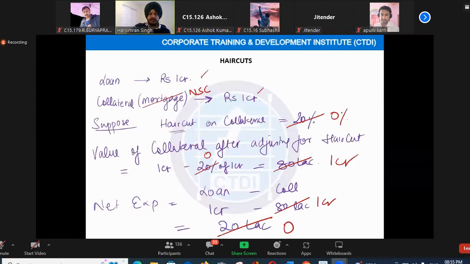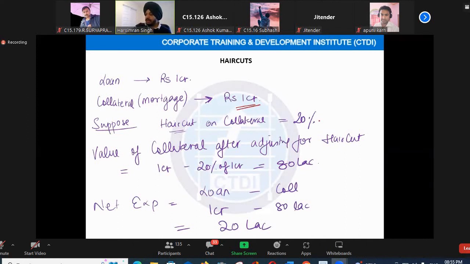If you see this example where the collateral was 1 crore mortgage value and haircut was 20%, so I subtracted it. Simple logic. If there is a haircut on exposure, that value will be added into exposure and exposure will become more. And if there is a haircut on collateral, that will be reduced from the collateral and the value of collateral will go down.